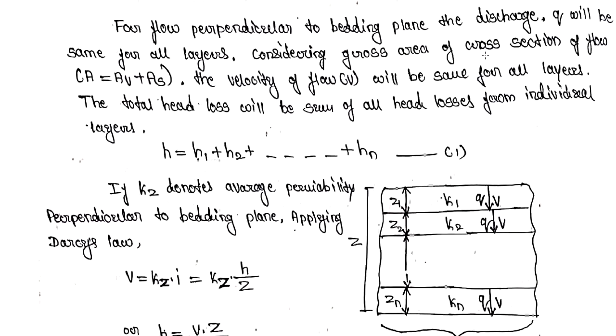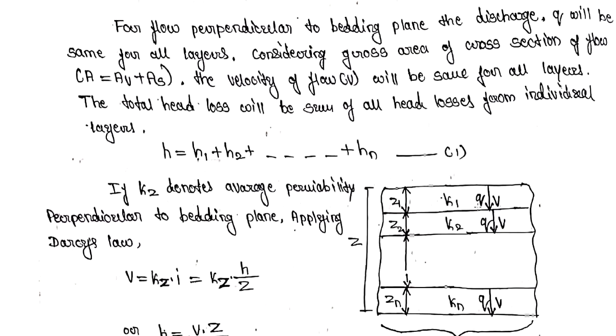Considering the gross area of cross section of flow, area is equal to area of voids plus area of soil solids. The velocity of flow v will be the same for all the layers, and area will be the same for all the layers. The total head loss will be the sum of head losses from individual layers. So discharge will be the same, velocity will be the same because the same amount of water is entering.